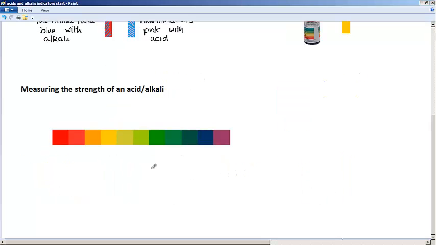A typical indicator chart produced by this type of indicator is shown here, and typically in the middle we have this greenish colour, which is produced by a neutral solution, for example, by water. As we move in this direction, the solution becomes increasingly alkaline, and as we move in the opposite direction, the solution becomes increasingly acidic.